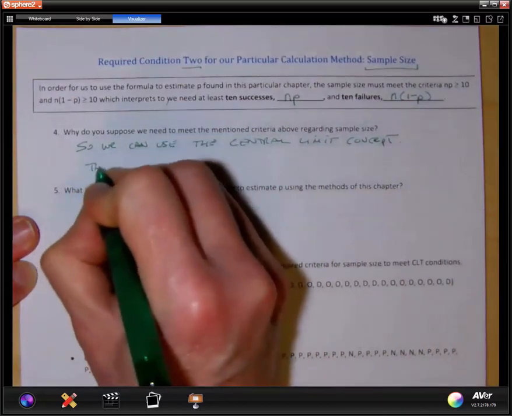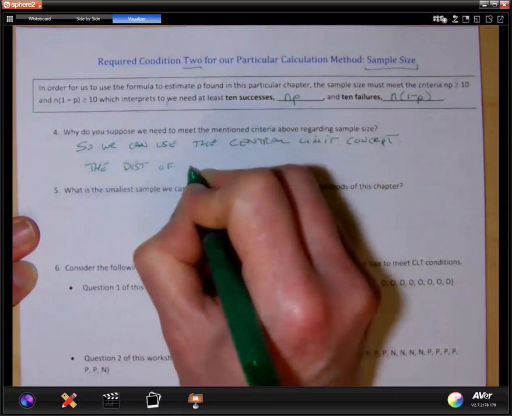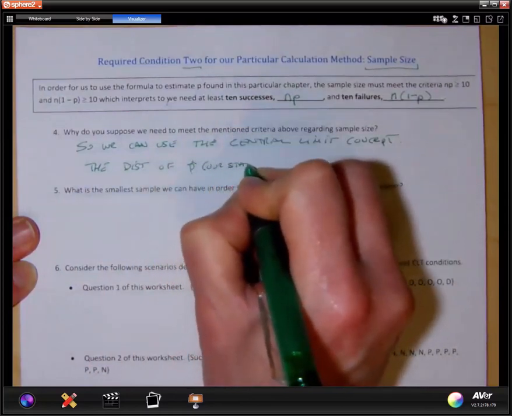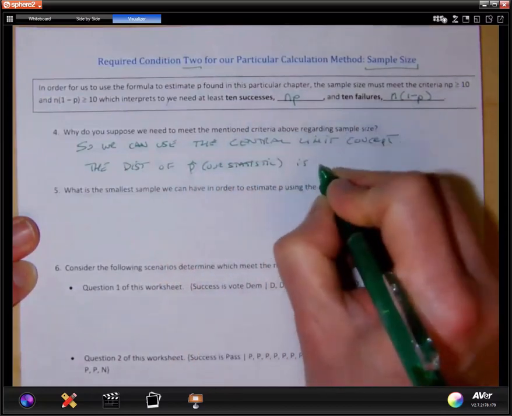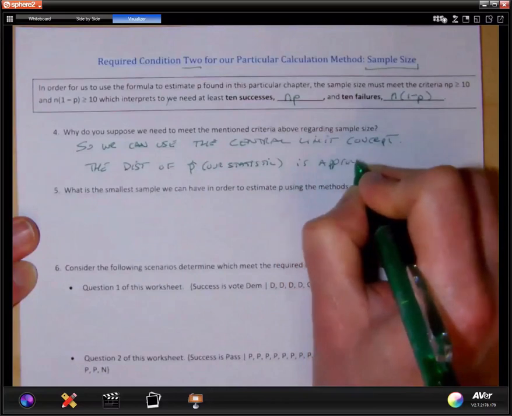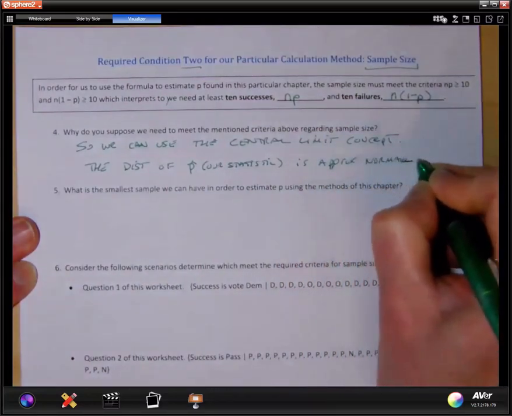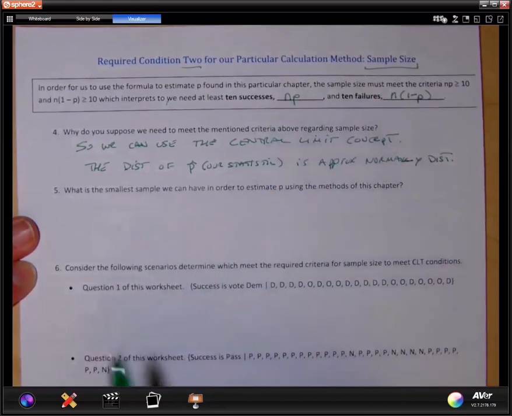That the distribution, in this case, of p hat, which is our statistic, is approximately normally distributed. So we need this to be true in order to use the application or the process that we're about to engage in. So we need to meet this criteria.